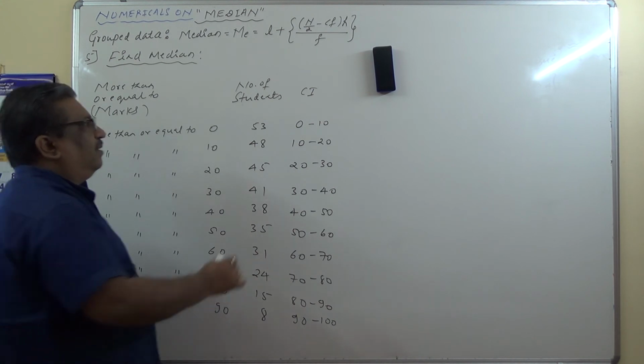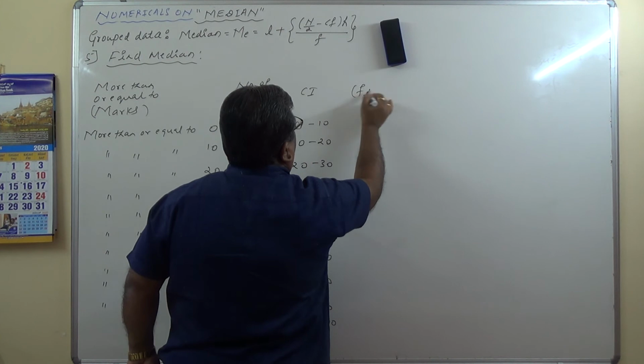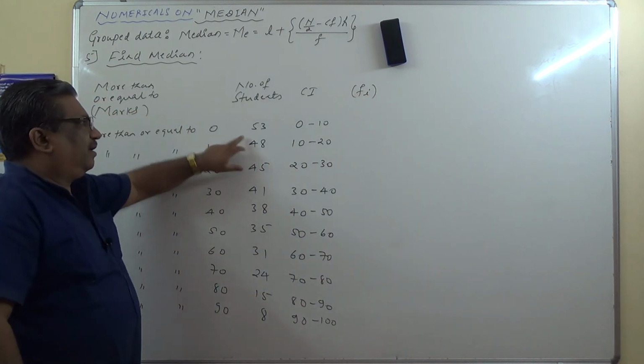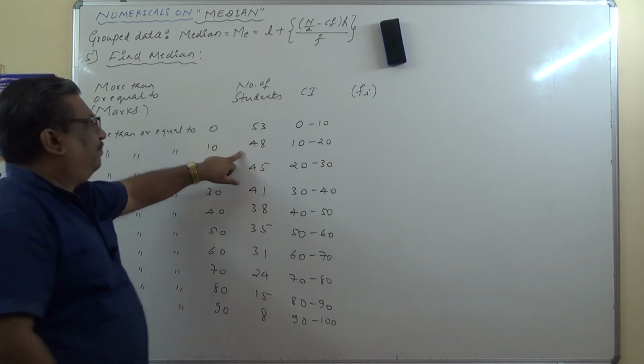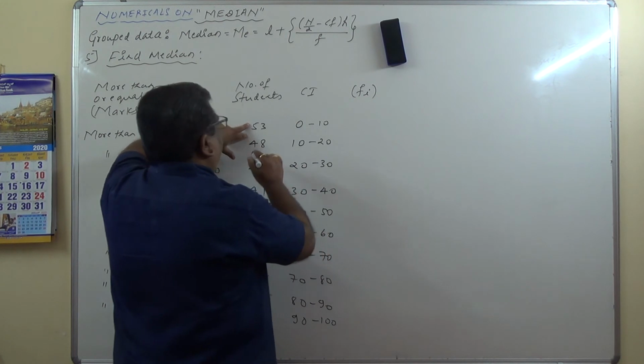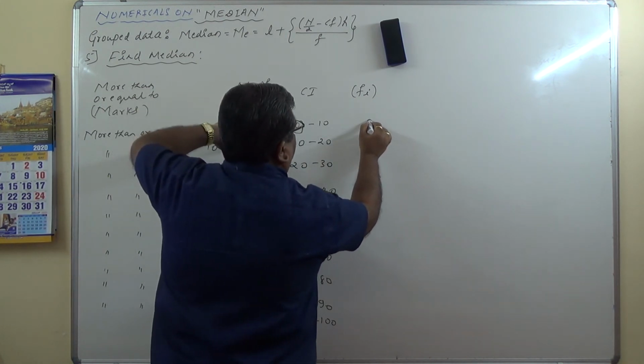Now we have to find out the frequency first. So Fi, how do you find out Fi here? See, in order to find out Fi, we will go for this minus this. So 53 minus 48, which is 5.